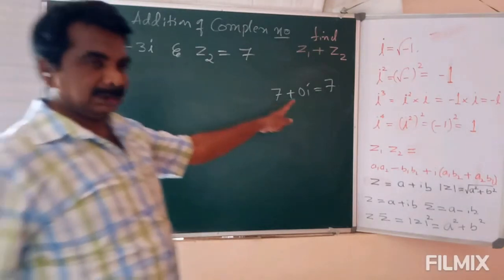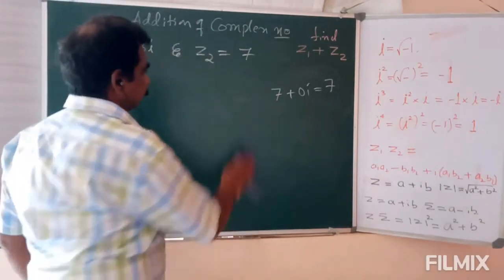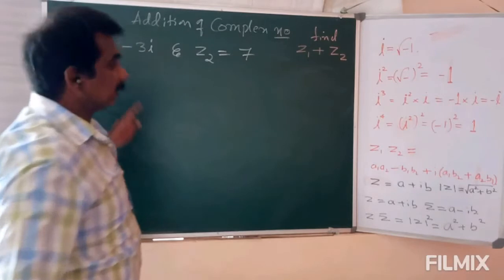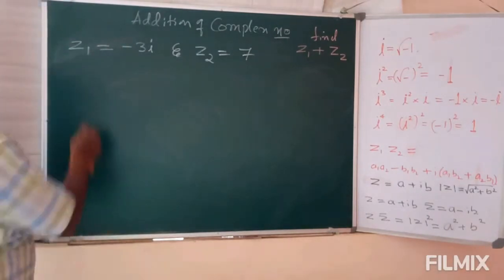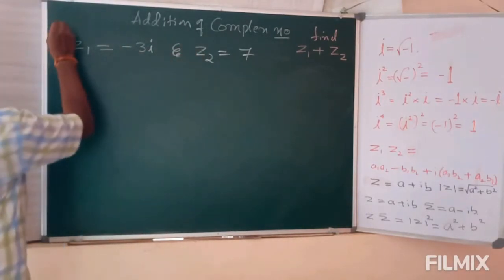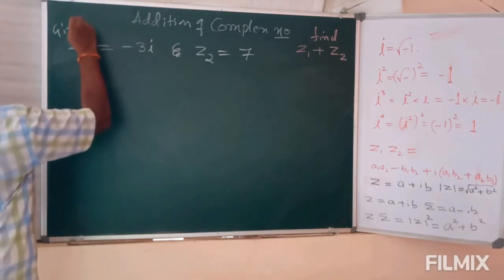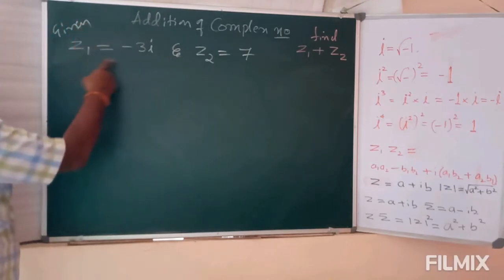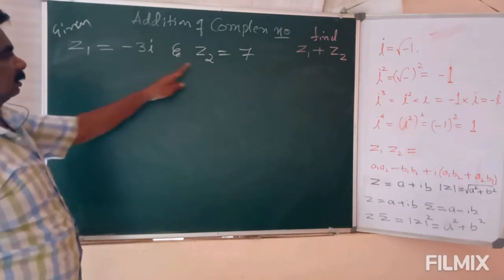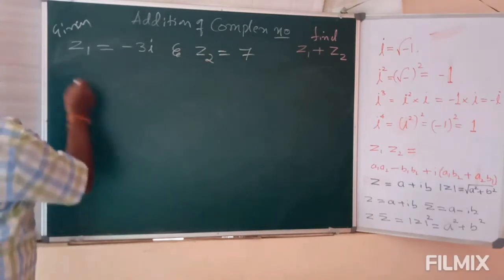When the imaginary part is 0. Here the real part is 0. Given Z1 is equal to minus 3i and Z2 is equal to 7.